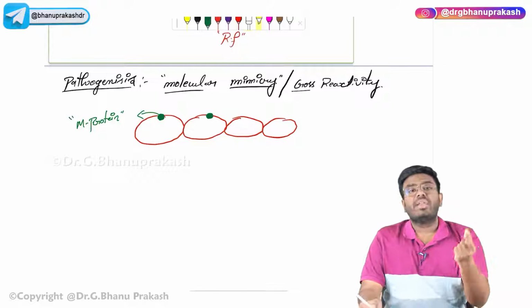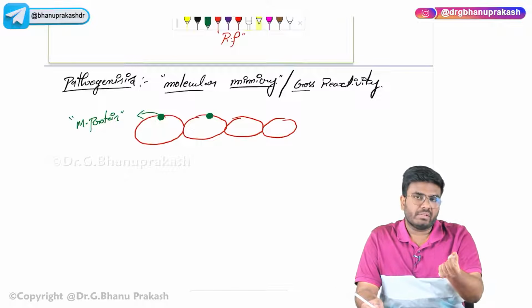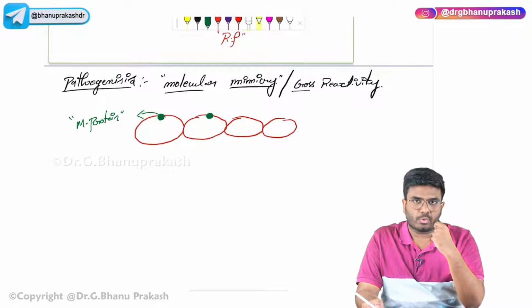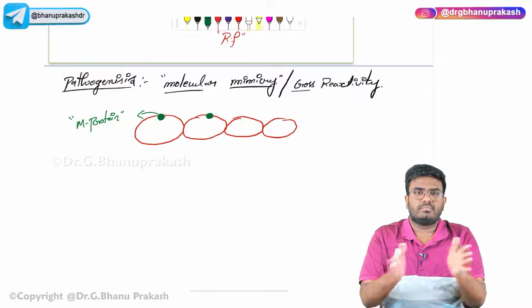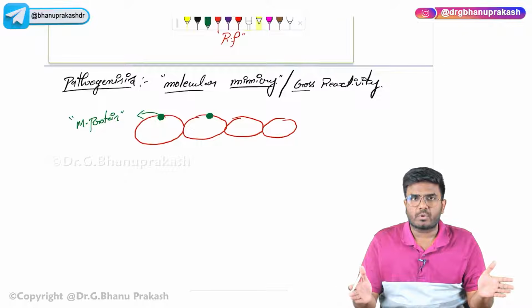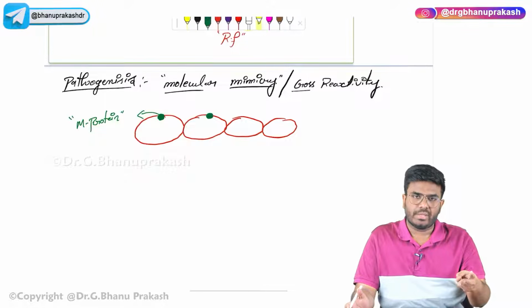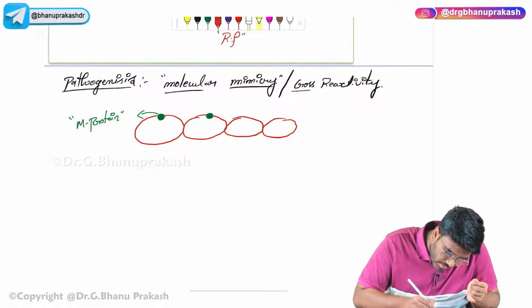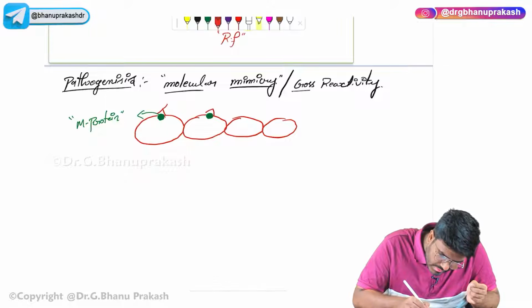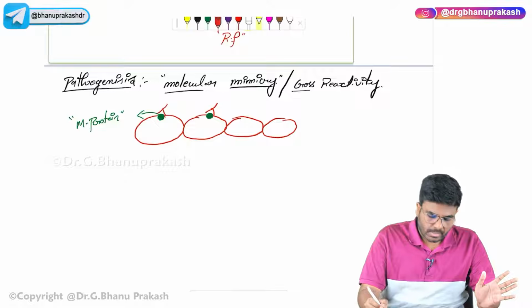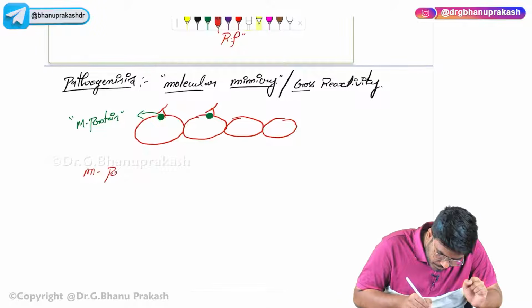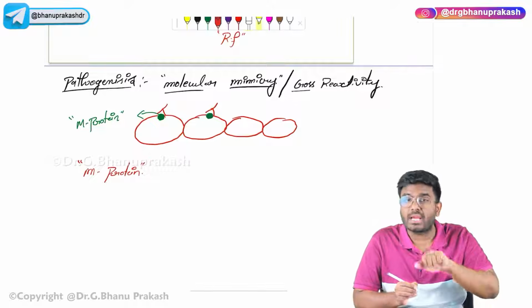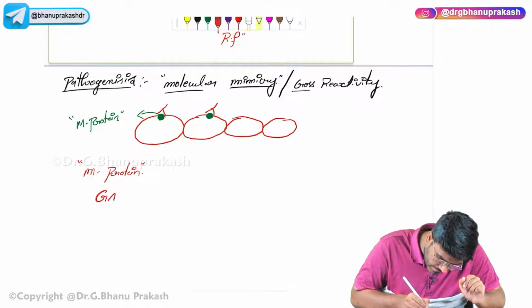Whenever the child gets this group A beta hemolytic streptococci, the streptococci are attacked by the immune system, the immune system destroys them, and antibodies are produced. The antibodies are produced against this M protein, no doubt. But the point is, this M protein resembles the M protein which is present on the group A beta hemolytic streptococci, the M protein on the GAS.